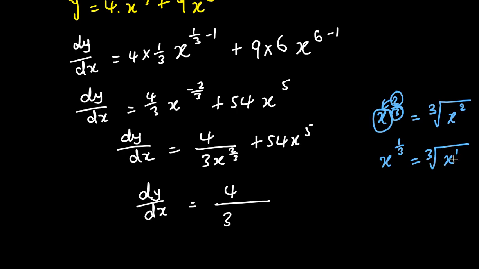So it will be the cube root of x. So this one here, we can write it as, we open our root sign, we say x, and then the exponent will be 2, which is the numerator, and then the root will be 3. So that will be the cube root of that, and then plus 54x to the power of 5. So it means you are done. But it's fine, even if you end here, it's okay.